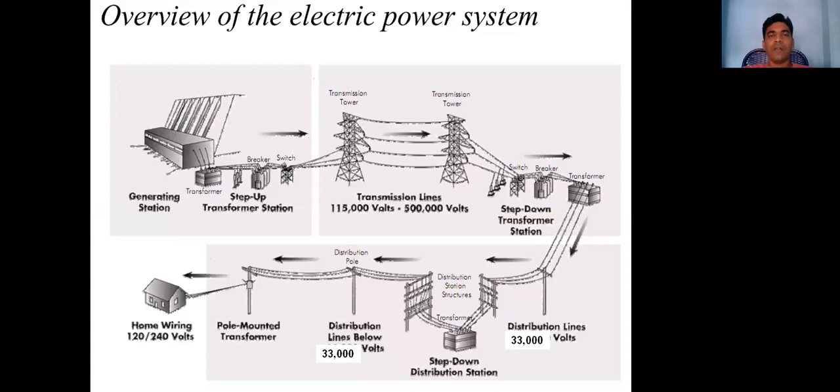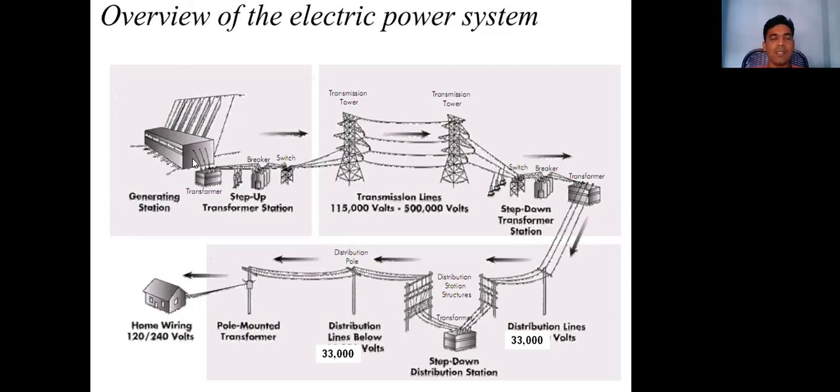See, overview of the electric power system. Here, power generation. Power generation may be of different types. Here I am showing hydro power plants, thermal power plants are also present.